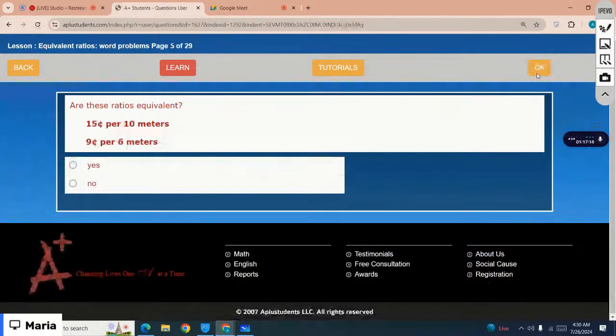Are these ratios equivalent? 15 cents per 10 meter and 9 cents per 6 meter.